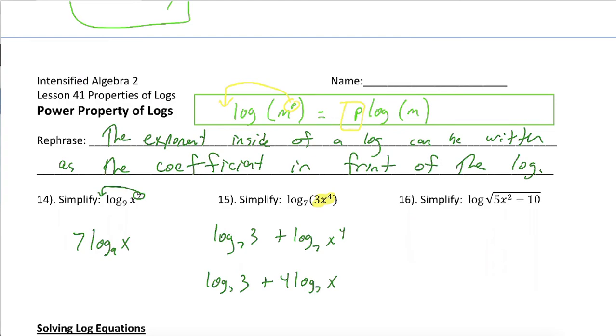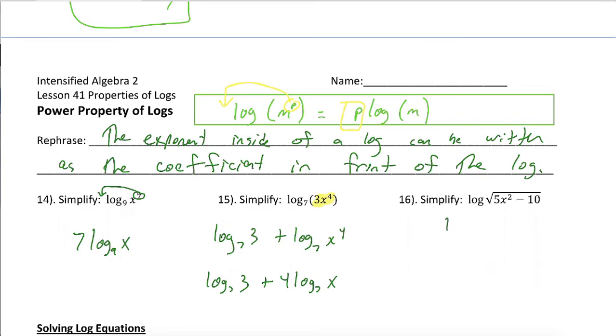And for the last example on this section of the notes, log of the square root of 5x squared minus 10, you might be thinking to yourself, we didn't have any properties about square roots. Well, you're right, sort of. Remember that one of the things we've come back to a few times during the year is that a square root is also an exponent.